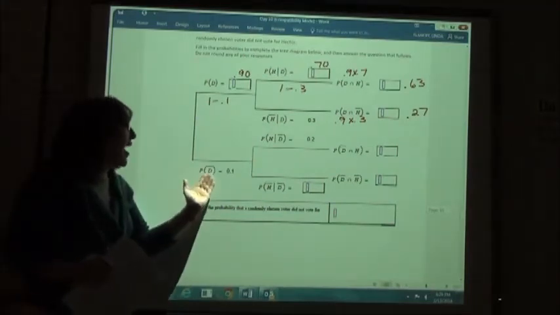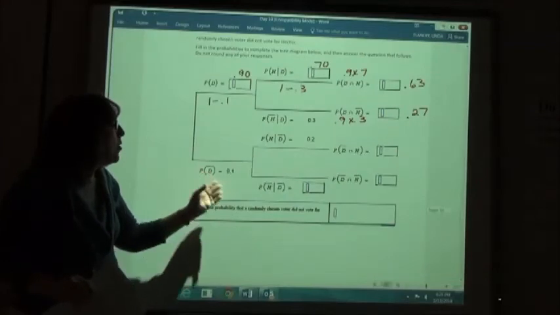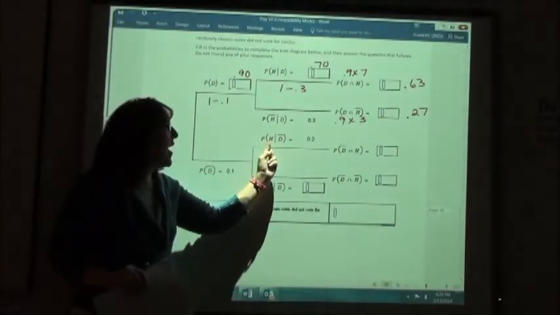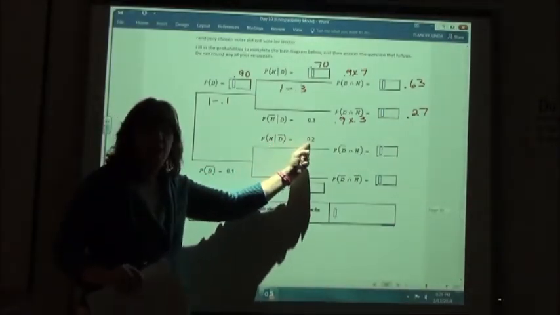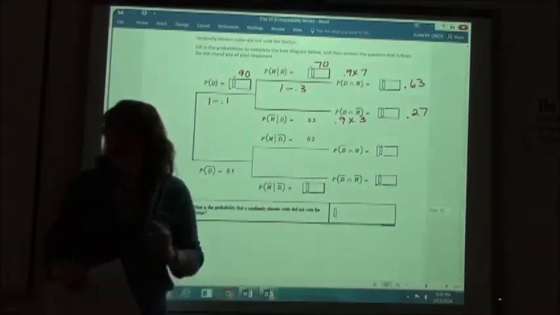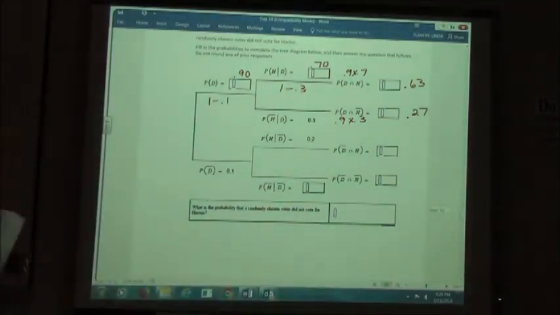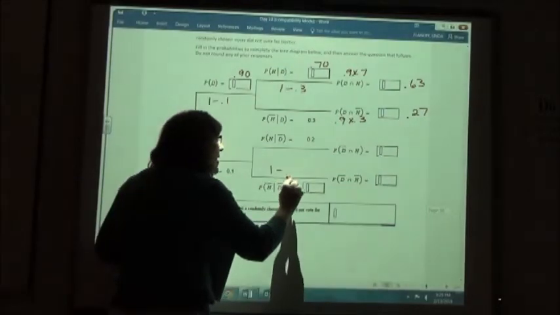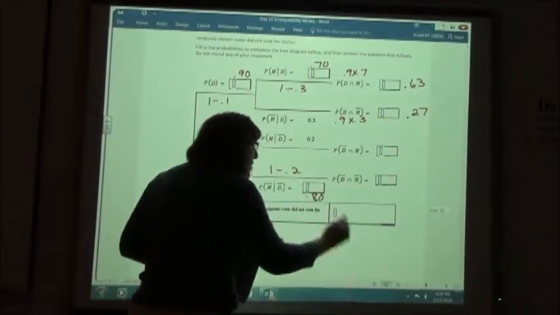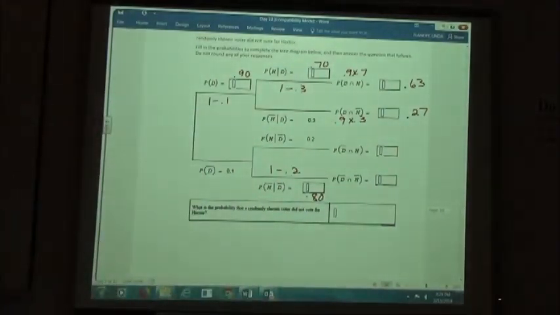Continuing on, those without a high school diploma was down here. 20% of those without a high school diploma voted for Hector. What percent did not vote for Hector? 80%. 1 minus that 0.2 gives us 0.8 or 0.80, whichever way you want to write that.